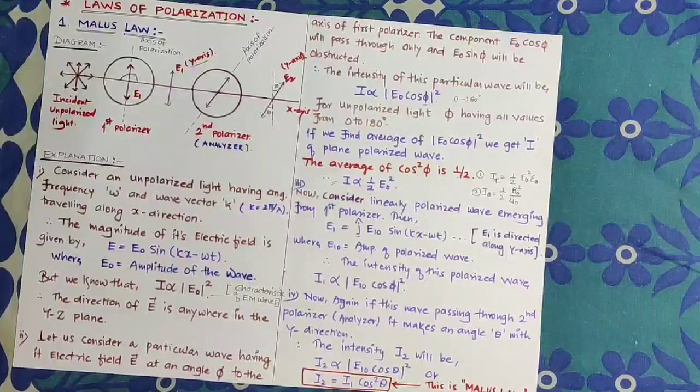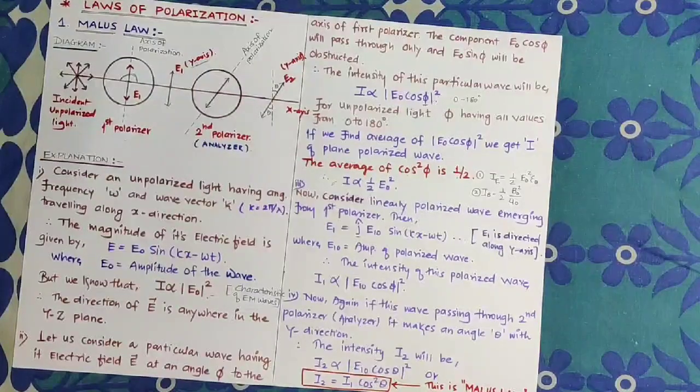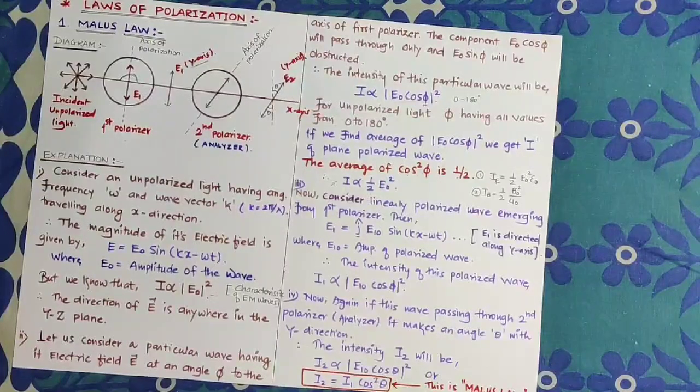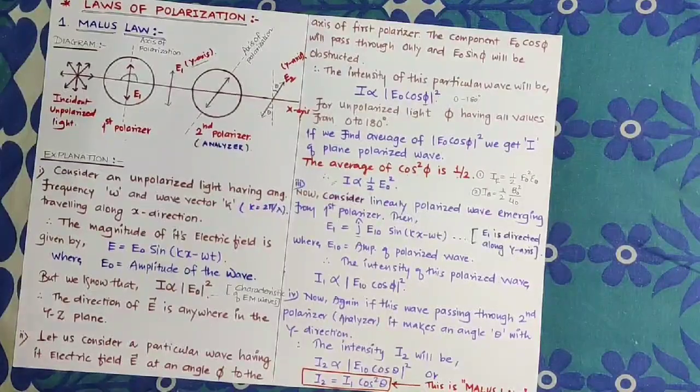It explains that when the light is linearly polarized, the total intensity is one half of the given intensity of the light. This is called Malus law of polarization. Okay, thank you.